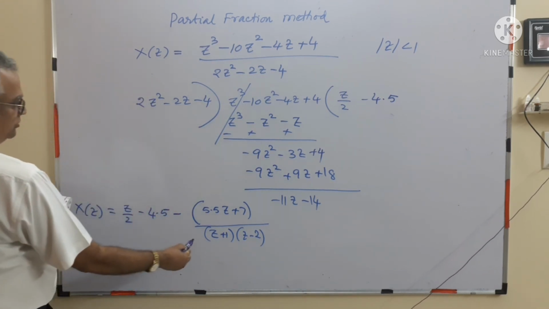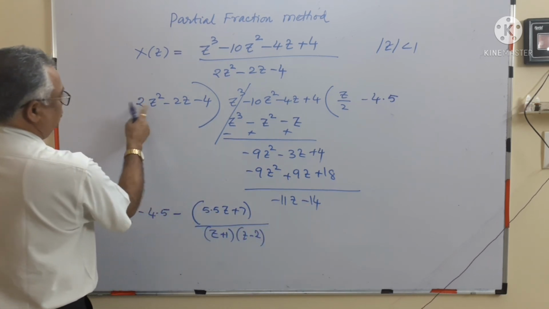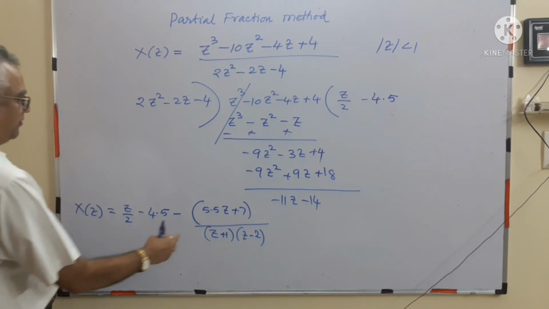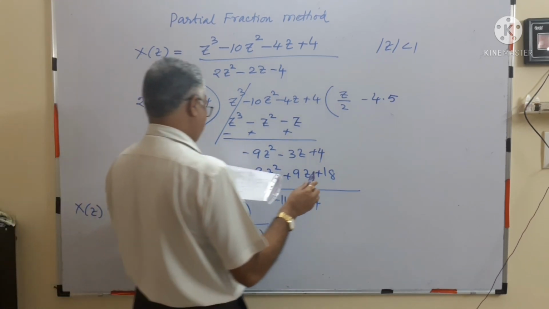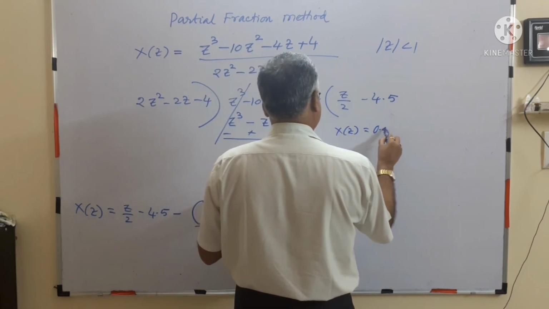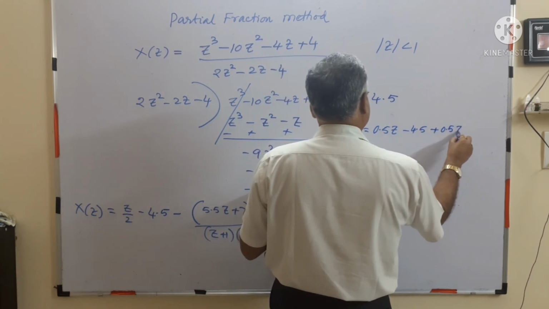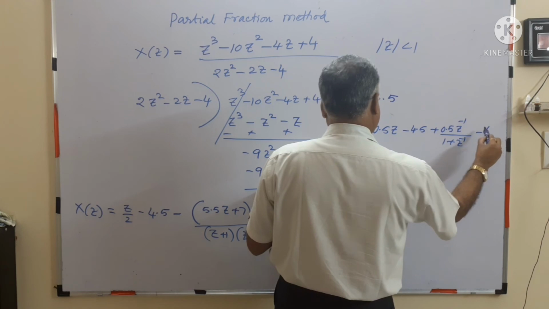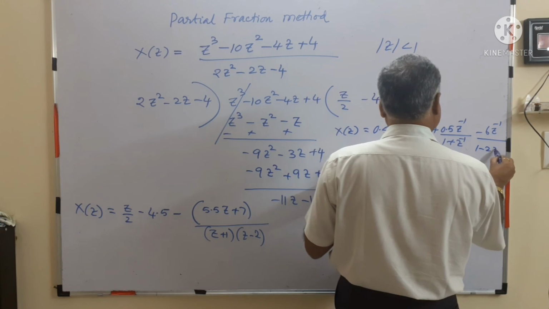Here 2 is common, factorize, you get this. 11 by 2 is 5.5, 14 by 2 is 7, 2 common, and the remaining factorize, you get this. So using partial fractions separately you do it, and finally X(z) is 0.5z minus 4.5, minus 0.5 z inverse by (1 plus z inverse), minus 6 z inverse by (1 minus 2 z inverse).